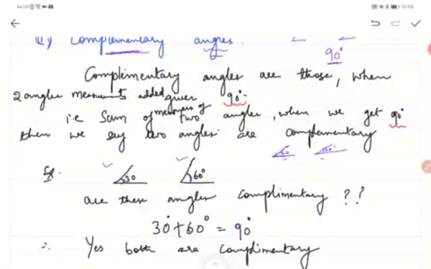No. Why? Because 20 plus 20, when you add these two, the sum of these two angles is just 40 degrees. If it is 90 degrees, then you will say that it is complementary. So since the sum of these two angles is 40 degrees, you don't call them complementary angles.